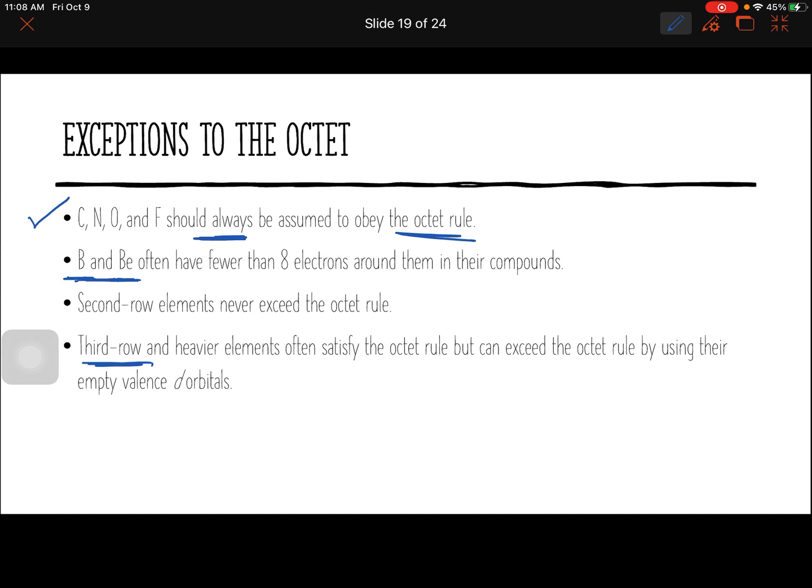So any element in the third row or below will usually satisfy the octet rule, but can exceed the octet rule because there is the possibility of having a D sublevel. That element itself might not have a D sublevel in its base electron configuration, but it has the potential that it could, so you can go over 8.